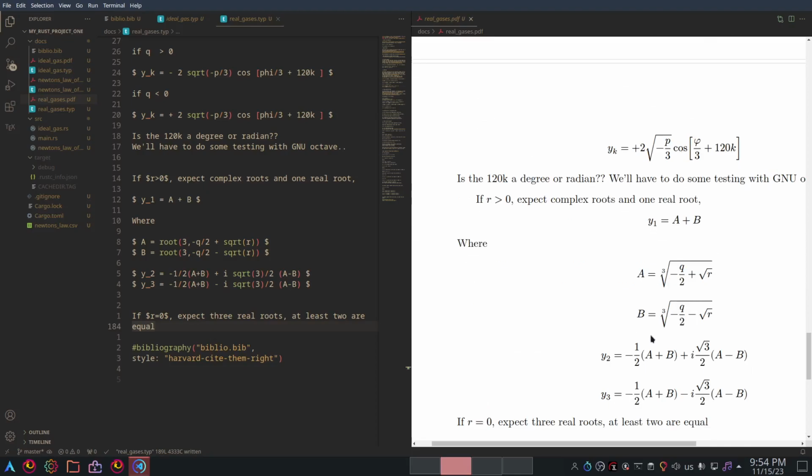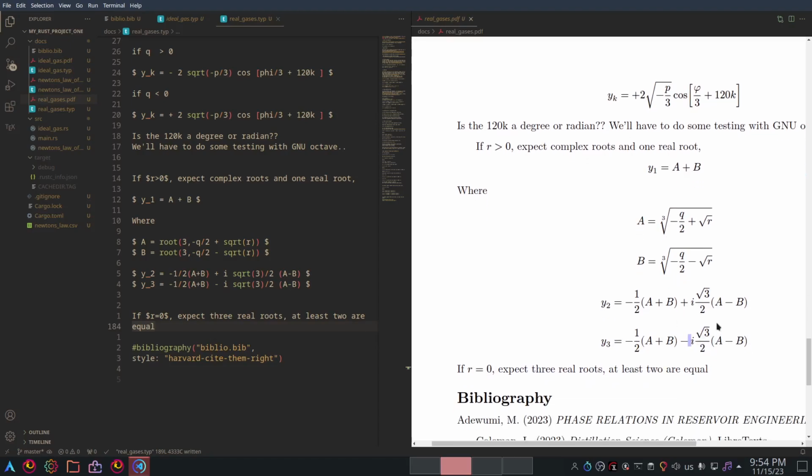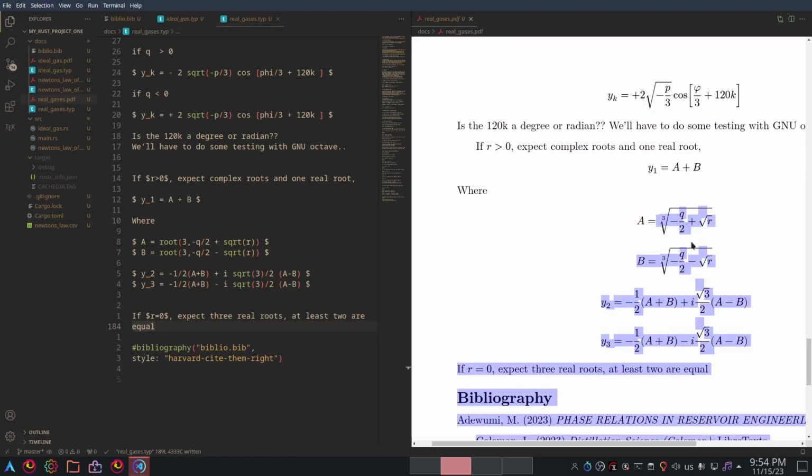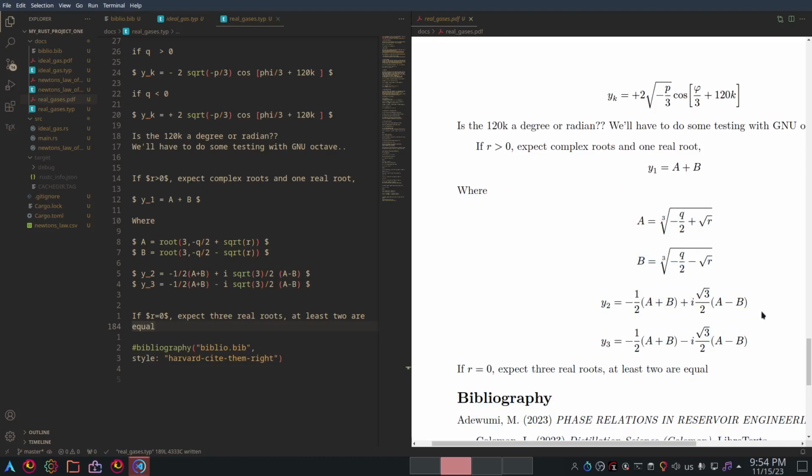Of course, for our purposes, for the Peng-Robinson equation of state, we are not really interested in imaginary roots. We just want the real root. So, in fact, we might not even have to deal with complex numbers at all. So this is something we can do away with, for this case only.